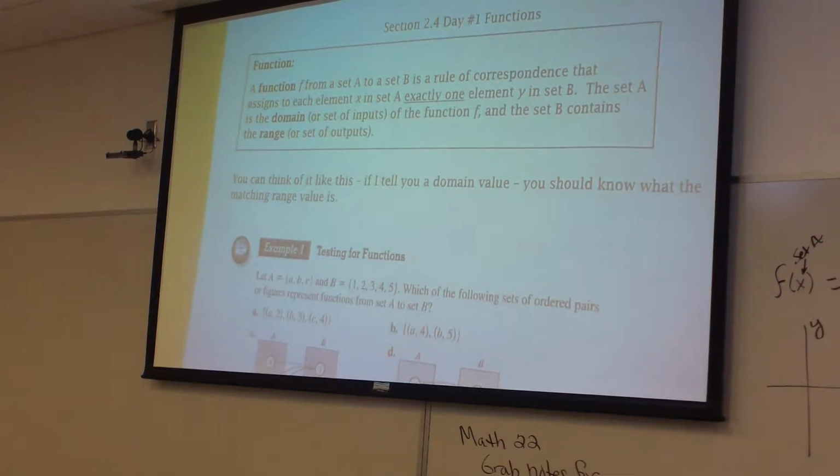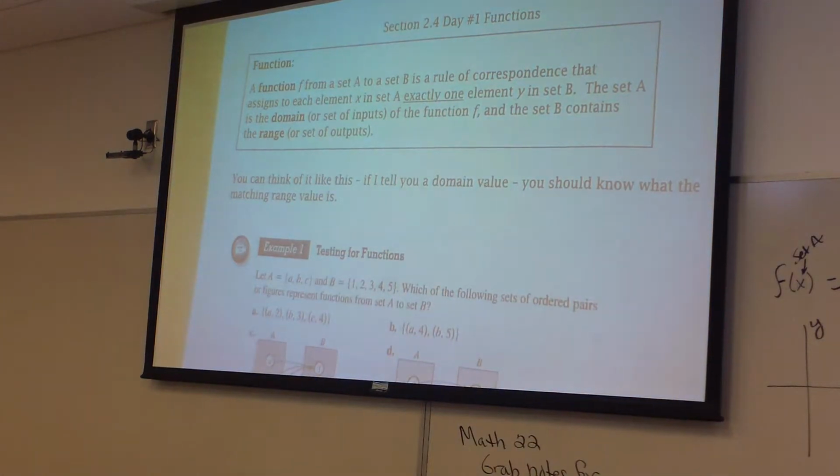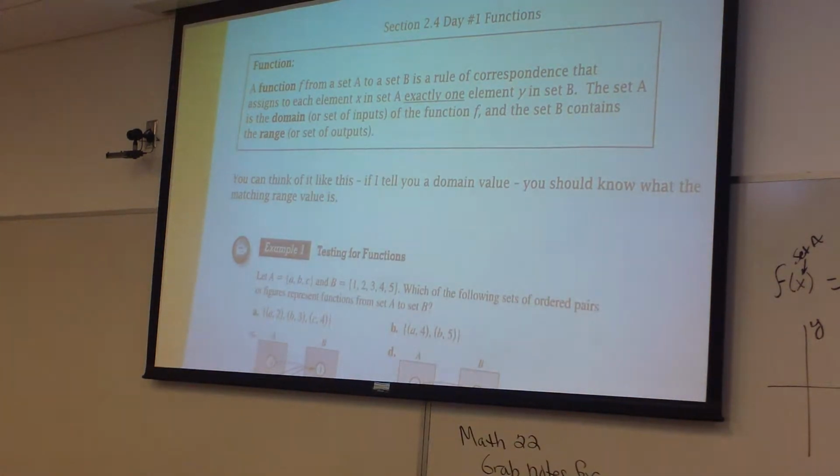It's going to take one value from that set, and it's going to output another value. And that output is going to be called a y value. So the set A, all the values you can put in, you know from Math 21, that's called the domain. All the values that can come out, that's called the range.